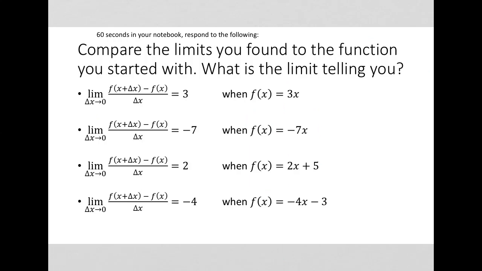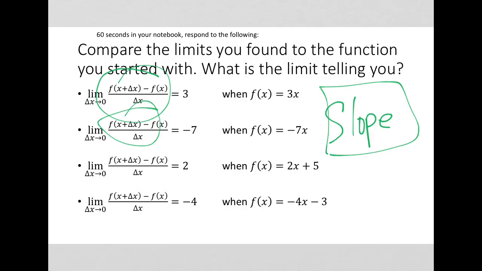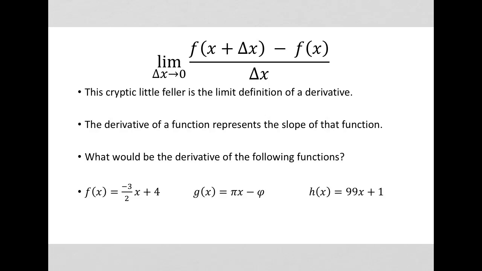So if you notice, every time we took that limit, we ended up with just the coefficient of the x term. More specifically, since we're talking about a linear function, we ended up with the slope of the function when we took that fancy special limit over there.